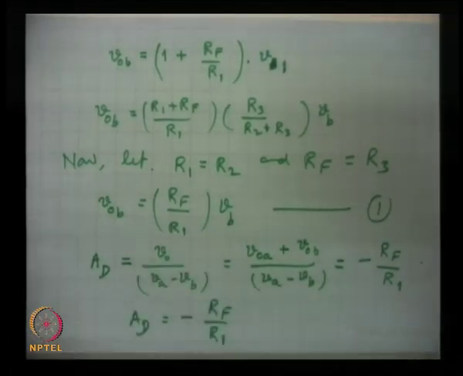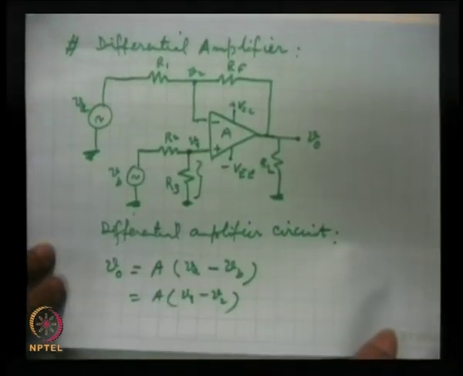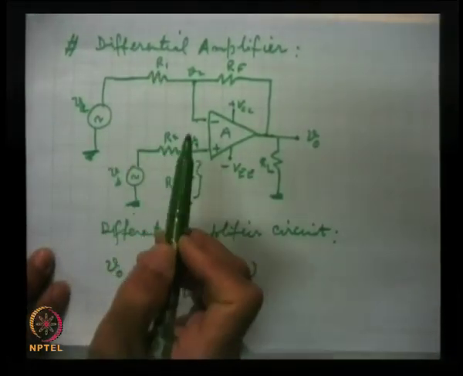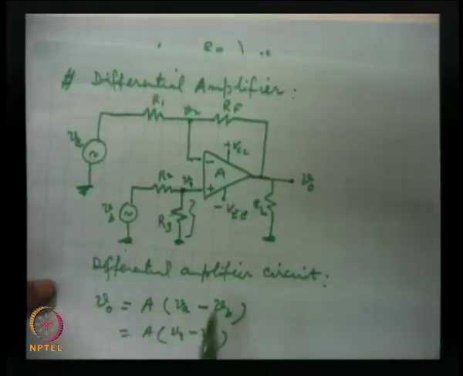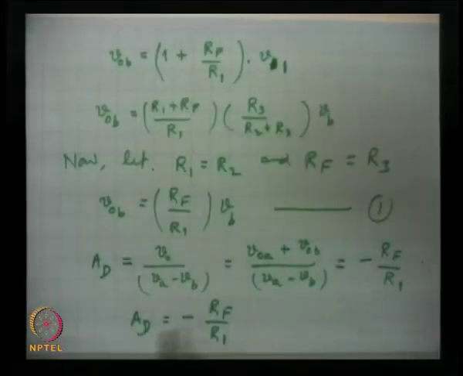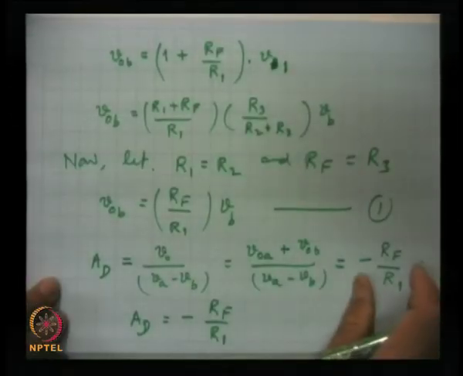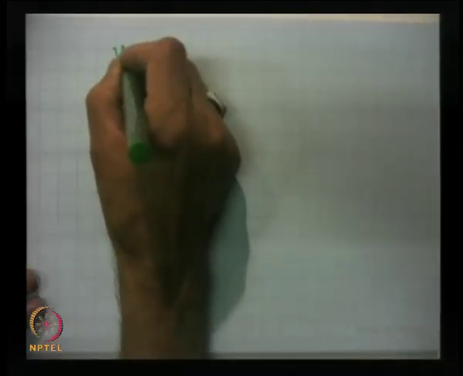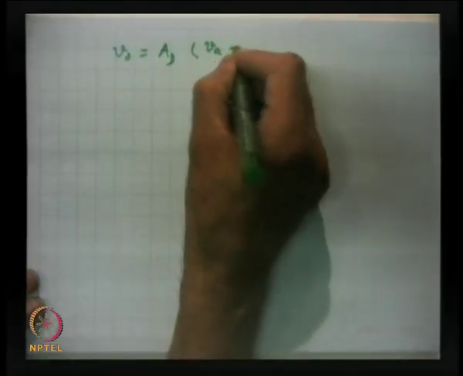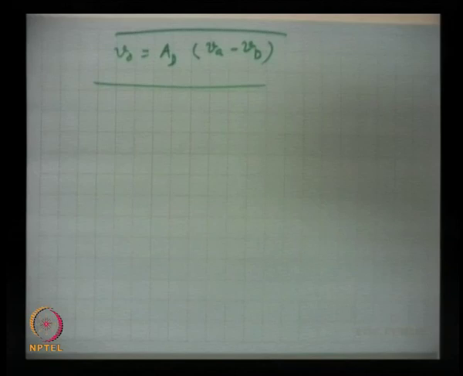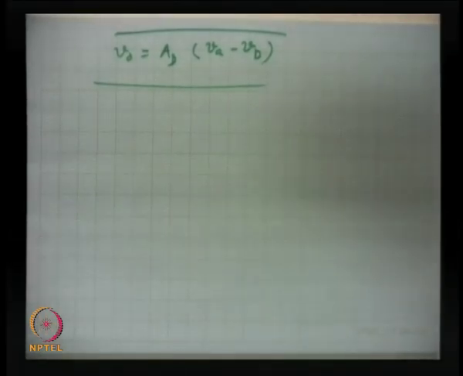This is under the condition when in this design we have taken R1 equal to R2 and RF equal to R3, which is a symmetrical design which is normally used, and then this gain is this much, and the output will be with this gain and two inputs VA minus VB. This is the difference of the two signals will be amplified, and whatever is common will be filtered out.